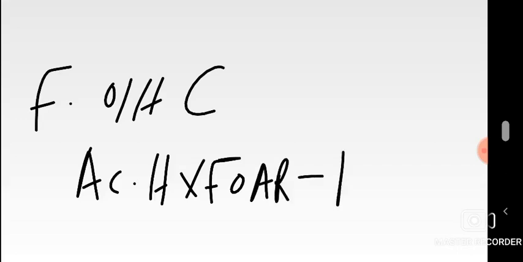They asked on number 12, fixed overhead capacity. I'll put just C. What is this formula equal to? Actual hours times fixed overhead absorption rate minus budgeted expenditure.